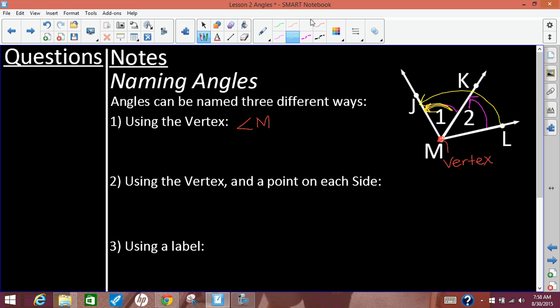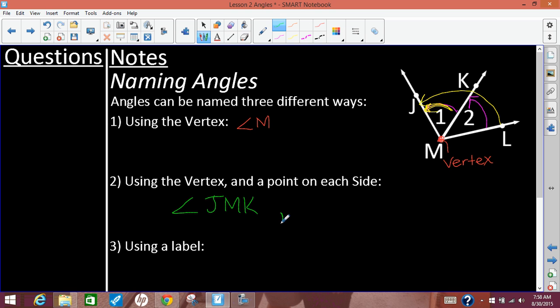So when we name this, we need to be careful. And this is an angle symbol, by the way. This tells us that we're talking about an angle. So just up here it says angle M. We always put the vertex in the middle of the three letters. So we're going to call this angle JMK.